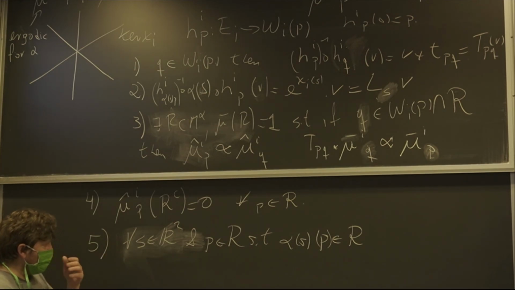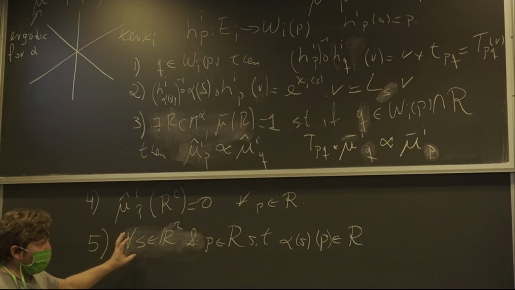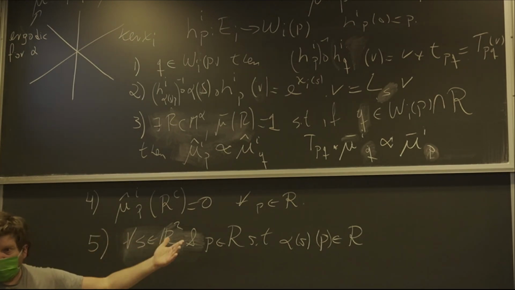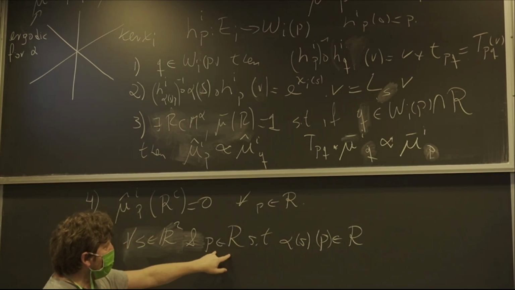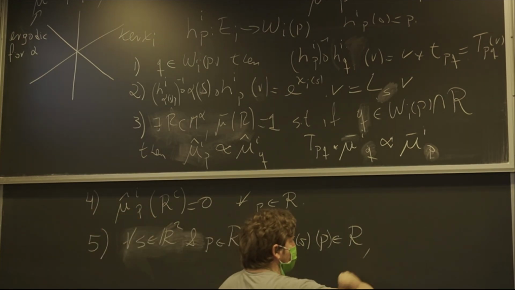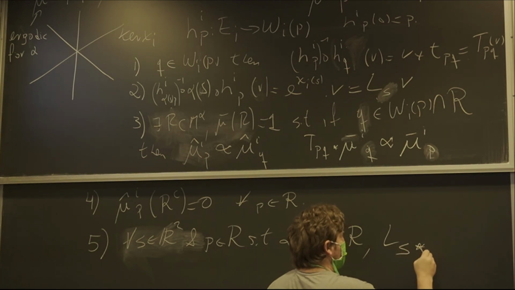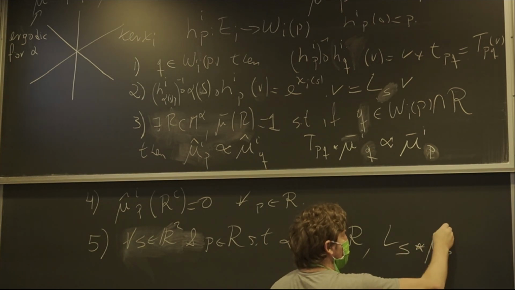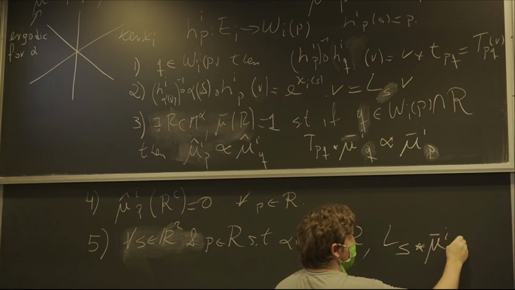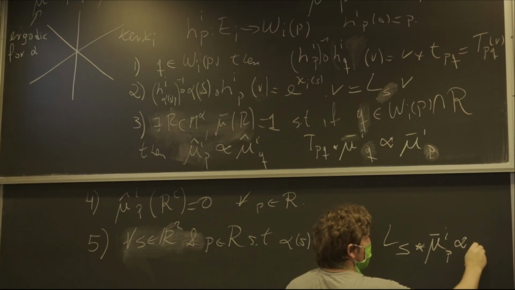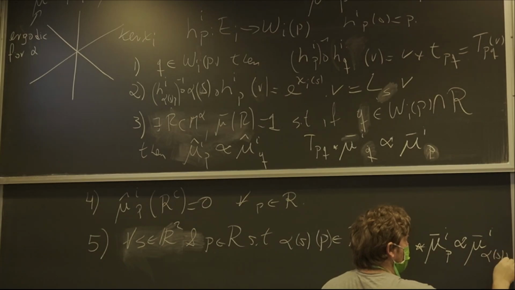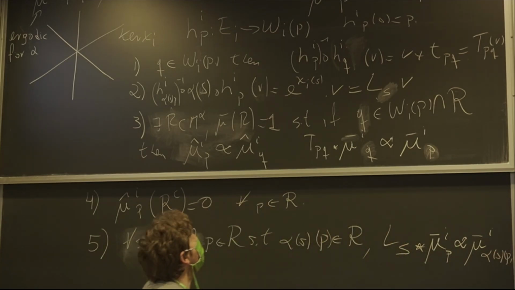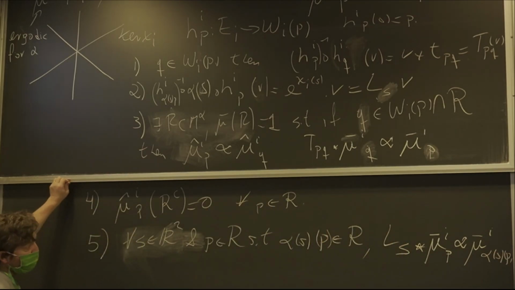When it comes to the game, I will only play with countably many S, so this is not really a strong requirement. So then I have L_S star of mu bar_i^P is proportional to mu bar_i^(alpha_S of P). And this follows from the alpha_S invariance of mu bar.